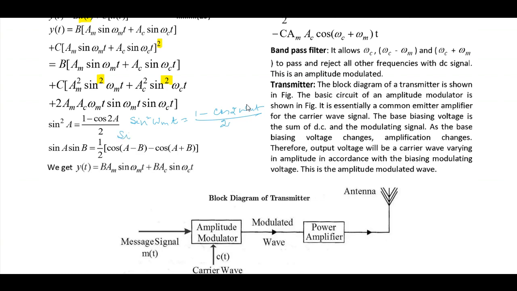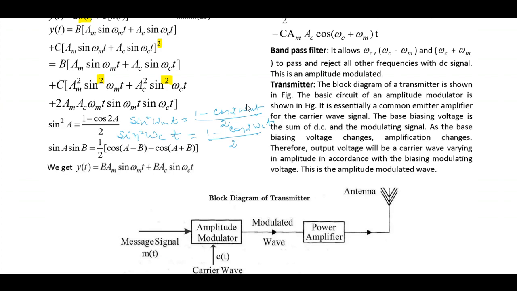Similarly, sin square omega c t will be equal to 1 minus cos twice of omega c t divided by 2. And now I shall be putting these values here and here.